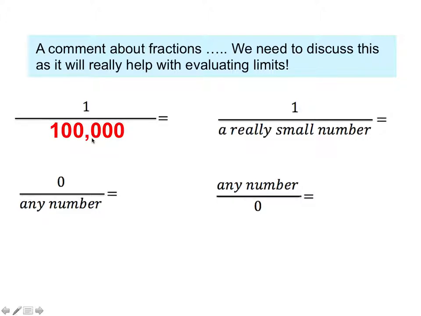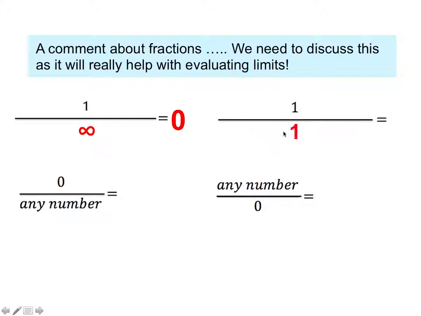Of course, the biggest number we know is infinity. So 1 over a really, really big number is 0. 1 over a really small number, so 1's not so small, but 1/100th is getting there, or 1/100,000th, or basically our lowest magnitude number that we know is 0.